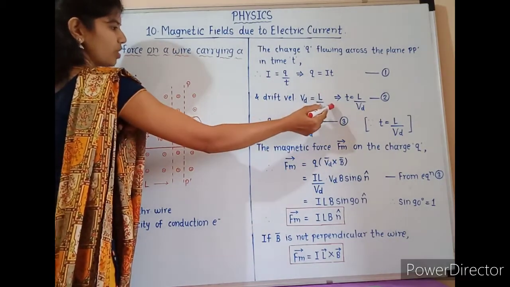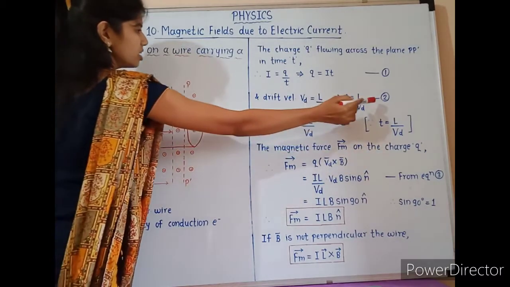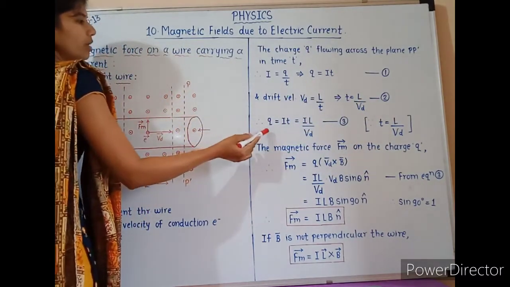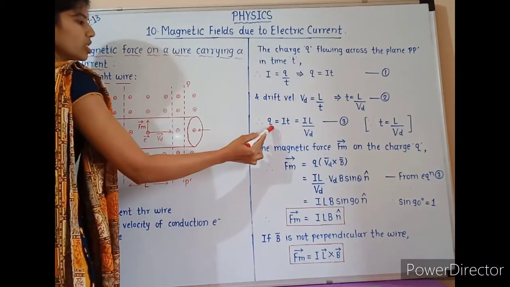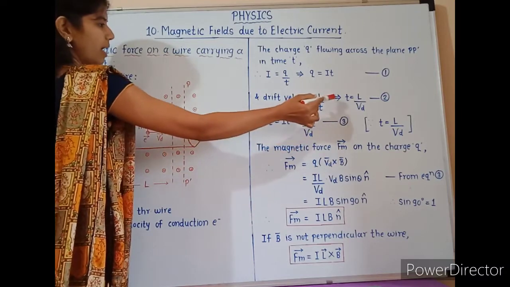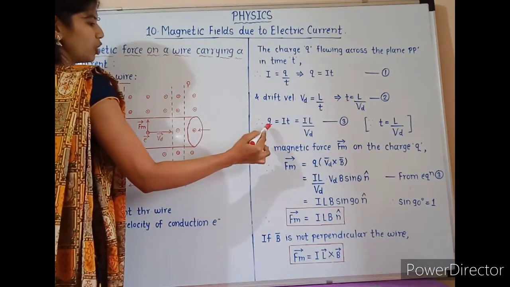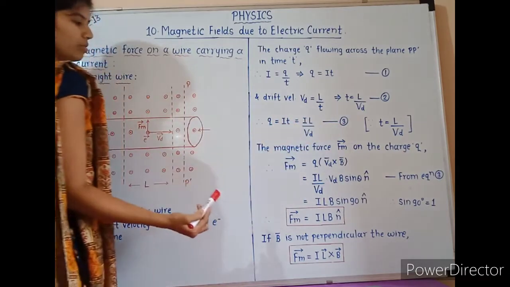So t is equal to L upon Vd. This is equation number 2. Now substitute equation 2 in equation 1, we get Q is equal to I t, but the value of t is L by Vd, so we get Q is equal to I L upon Vd. This is equation number 3.